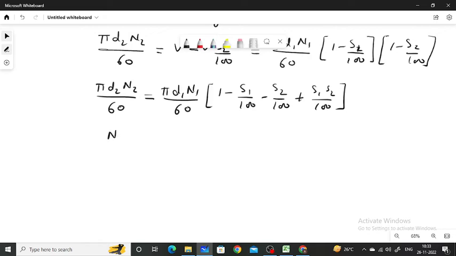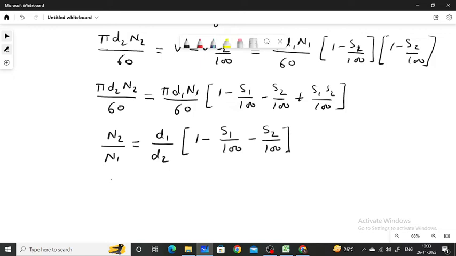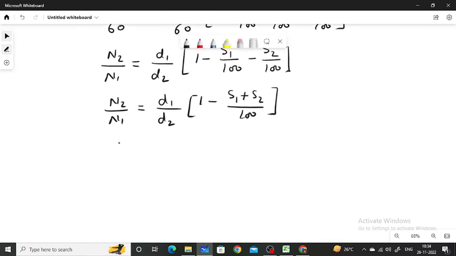Now from here n2 upon n1 is equal to d1 by d2 into 1 minus s1 upon 100 minus s2 upon 100, or n2 upon n1 is equal to d1 upon d2 into 1 minus (s1 plus s2) by 100, or n2 upon n1 is equal to d1 by d2 into 1 minus s upon 100.